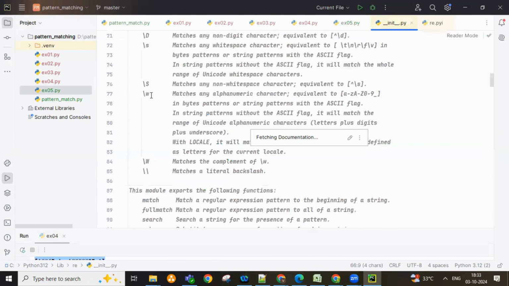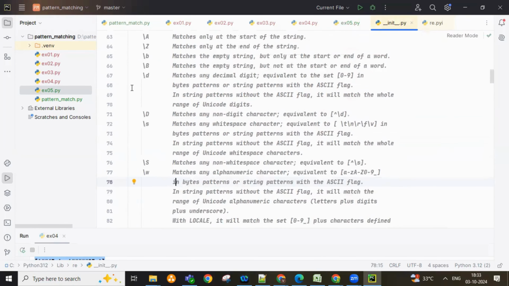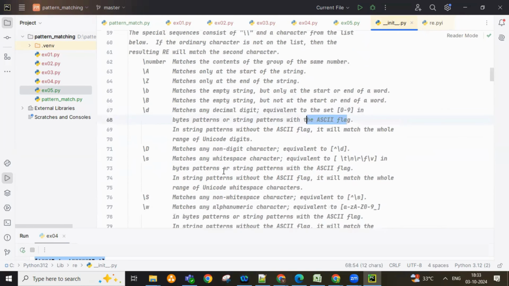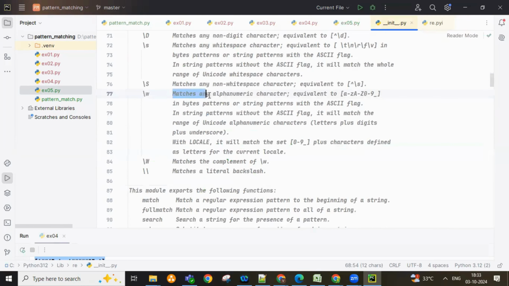When you have a doubt, you can go and check it. See slash w. What is slash w doing? It matches any alphanumeric character. You got it? D matches only a decimal digit, 0 to 9. But W matches any alphanumeric character, equivalent to A to Z, capital A to Z, and 0 to 9, as well as underscore.